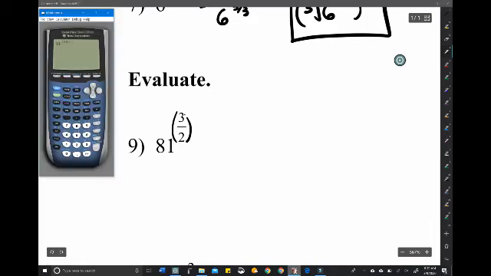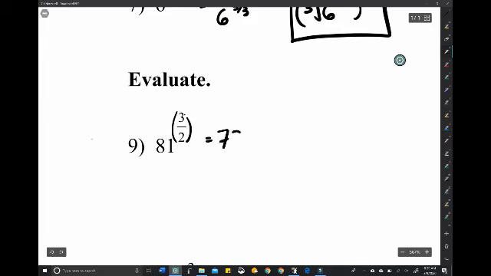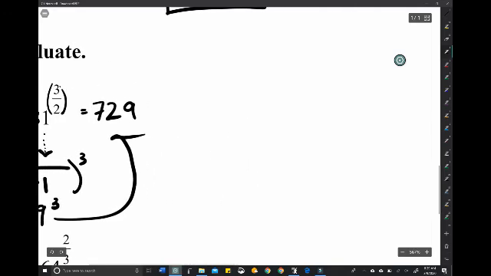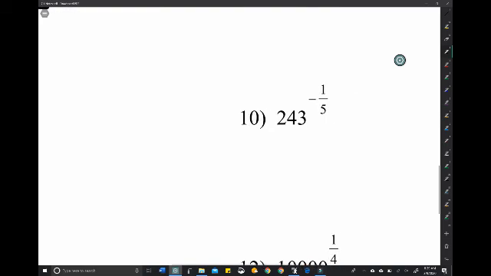Okay, 81 to the 3/2, hit enter, bada bing, 729. Again, use your calculator. If you wanted to be savvy, you're taking the square root of 81 and then to the 3rd power. So square root of 81 is 9, and then raise that to the 3rd, 9 to the 3rd, 729. Okay, for our intents and purposes, calculator.